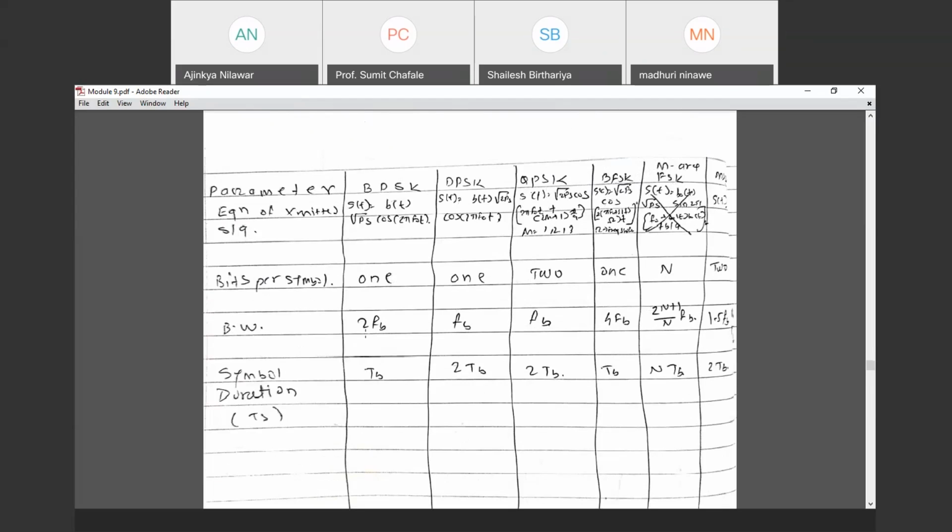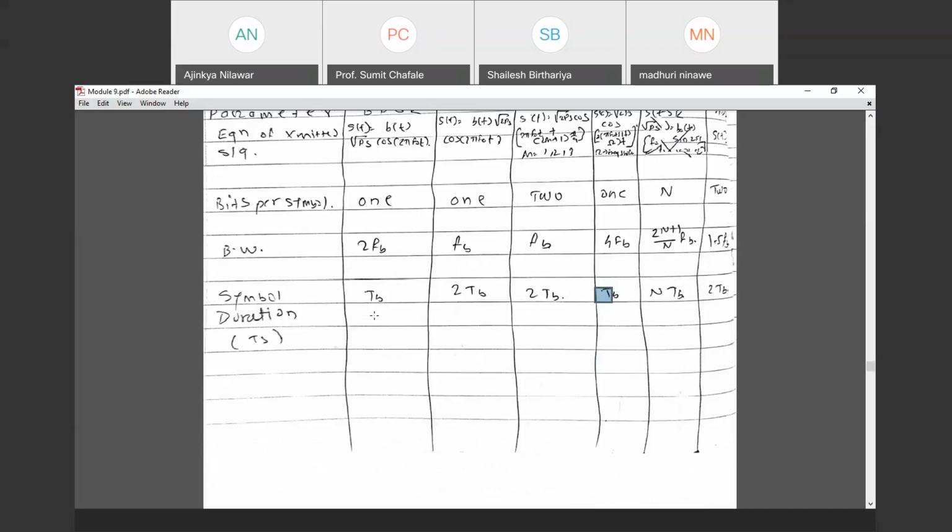Bandwidth twice of Fb, 4 times of Fb. And symbol duration here Tb, same as Tb. So you will see here there is a huge bandwidth difference between BPSK and BFSK. That means bandwidth requirements are more in BFSK. Why? It is simple. Since we are using two carrier frequencies, bandwidth gets more, and here we are using only one carrier frequency, our bandwidth requirements are less.